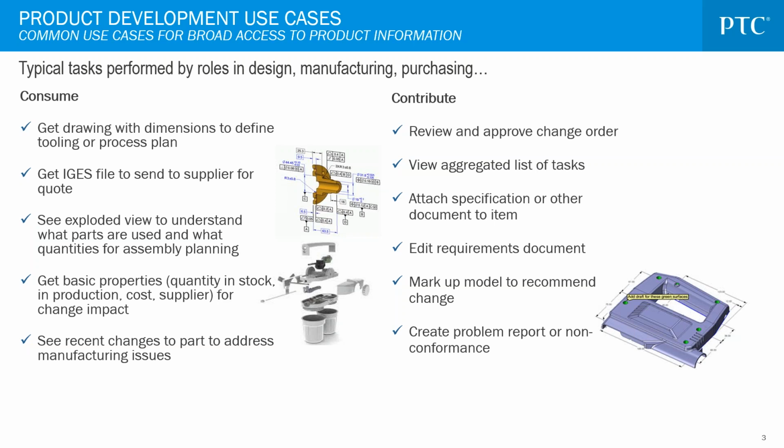Purchasing and quoting departments might need access to some neutral files of the CAD design, maybe some shrink wraps, maybe some IGES or STEP files that they would then send to their suppliers to get a quote, or just use for sharing that information internally, taking a look at what the file looks like, maybe even downloading that model because it's used in other programs.